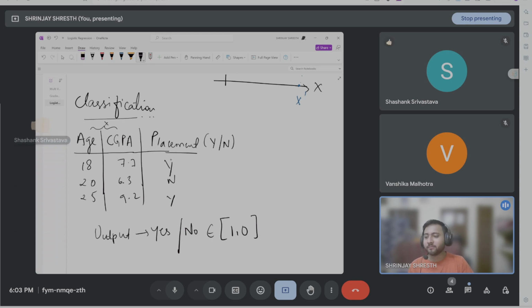So this kind of problem in which you have only two output set, these are known as binary classification.